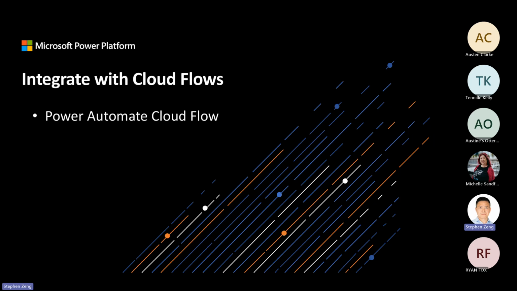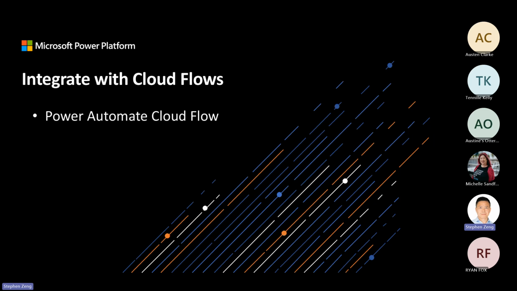And now with Copilot Studio, you can also integrate with the cloud flow. For example, you can call a cloud flow to get some details for a particular order. In the topic, you may ask the user to provide the order number, and then with that order number, you can call the flow to retrieve the details of the order and reply that back to the user.